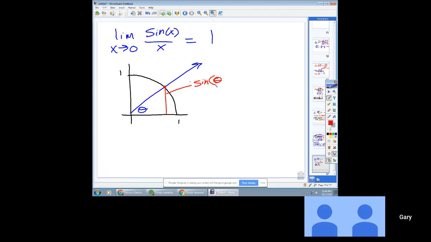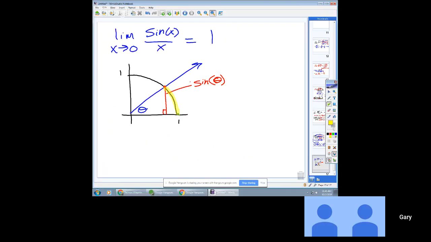Switch variables. So the length of that red line is the sine of theta, because it is opposite, and I just made a right angle right there, right? Anybody remember the idea of arc length from trigonometry? So what I want to know next is, what's the length of that arc right there?